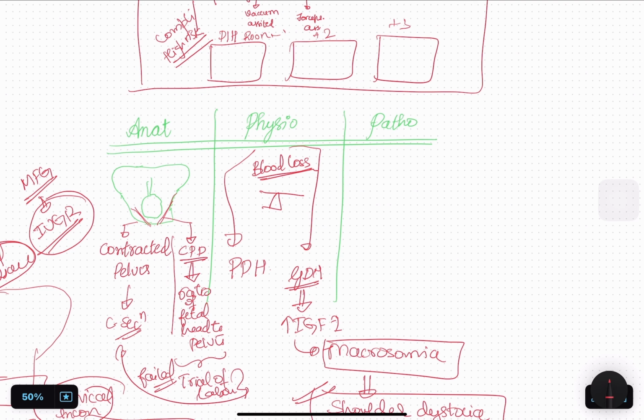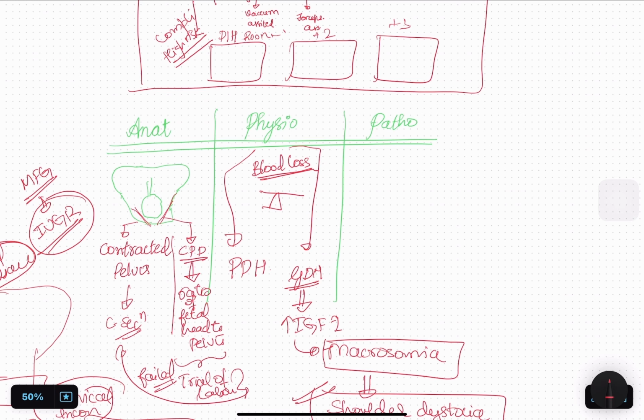Then again, all this cell injury, all those things are there, but I'm not discussing the pathological part of it, because that is a chronic process. For example, chronic inflammation might lead to abortion, which is not related to labor as such. Here we are talking with respect to labor alone.